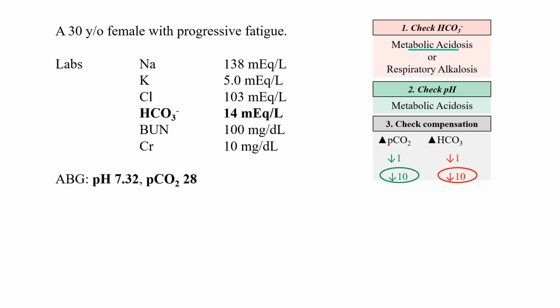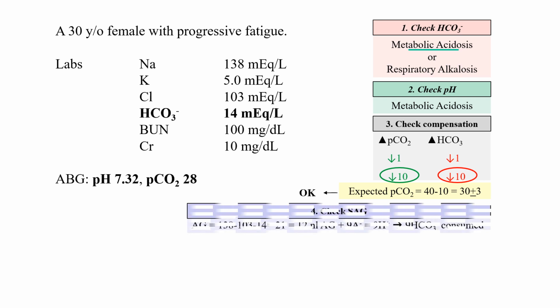The expected PCO2 is therefore 40 minus 10, or 30, plus or minus an error margin of 3. Comparing the expected PCO2 to the actual PCO2 of 28. 28 is within the range of 30 plus or minus 3, so we are good here. No hidden second process.